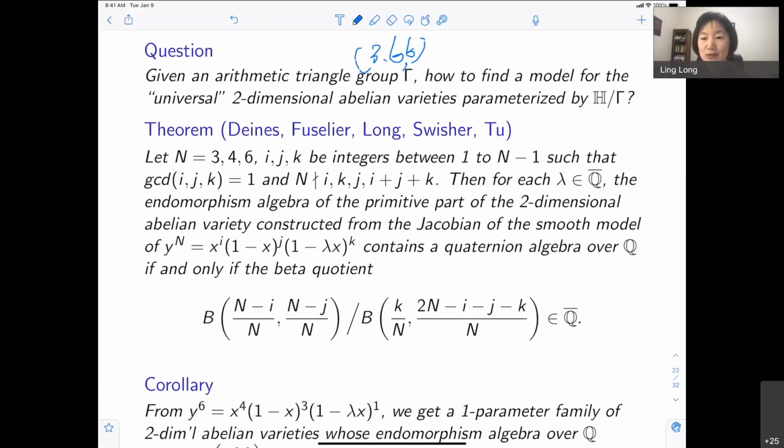And we know that we can come up with such pictures using the hypergeometric background. So when we started in 2014, the question is, can we use the hypergeometric perspective to construct abelian varieties parameterized by, say, (3, 6, 6).